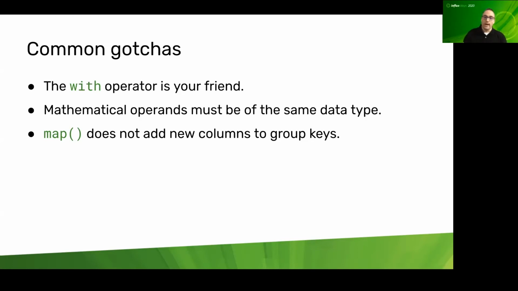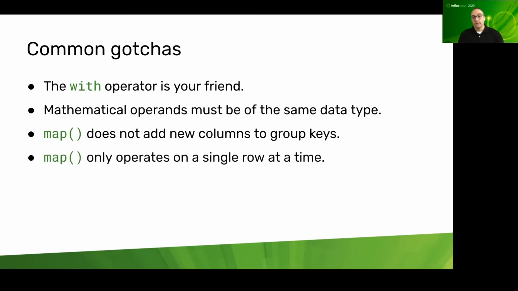So when you add a column using map, it does not get added to the group key. So your output tables will not be grouped by the newly mapped values. To group by those values, you have to explicitly use the group function to group by the new column.